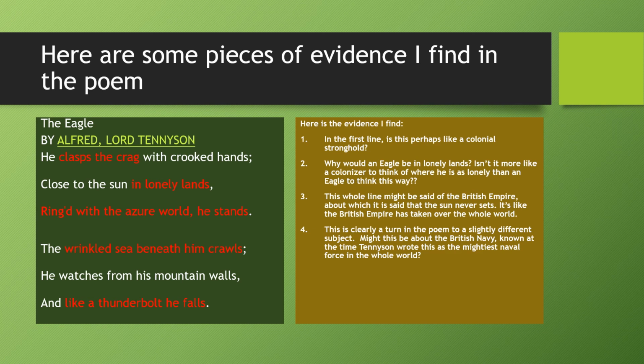He watches from a mountain wall, his mountain walls, and like a thunderbolt he falls. And so I wonder if the eagle's fall from the thunderbolt might be like a military strike by the British Empire against his enemies. I can particularly say that because Tennyson actually writes some poems about military operations from time to time and talks about them in celebration of their power. Even in defeat, he finds power. So it's not outside of the realm of what he would normally talk about.